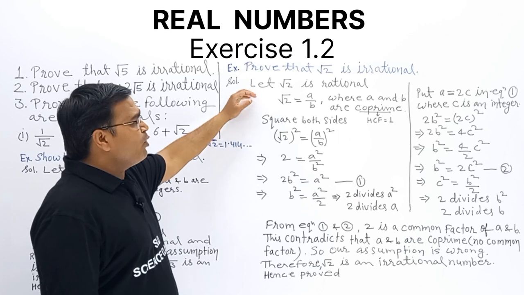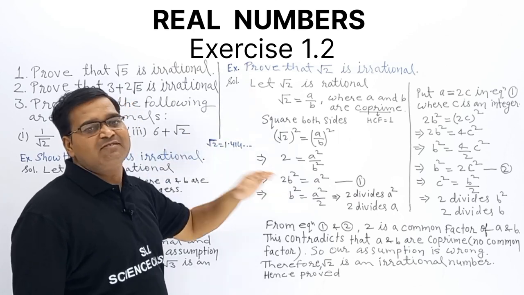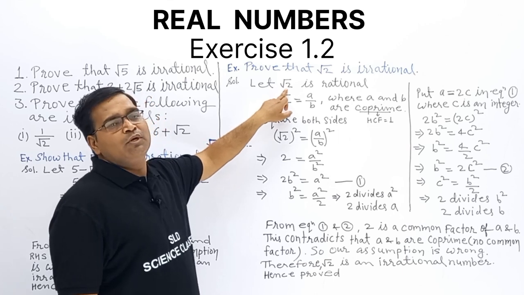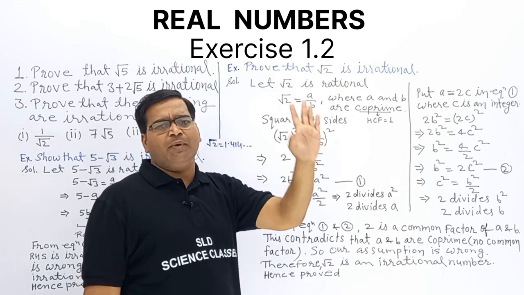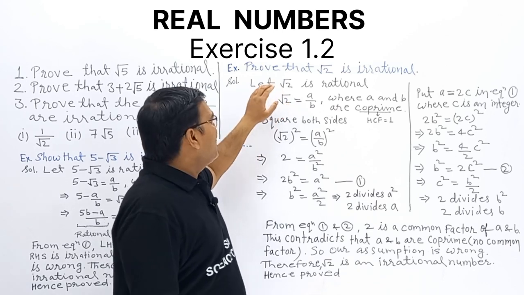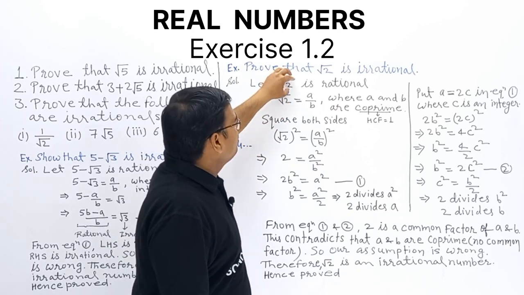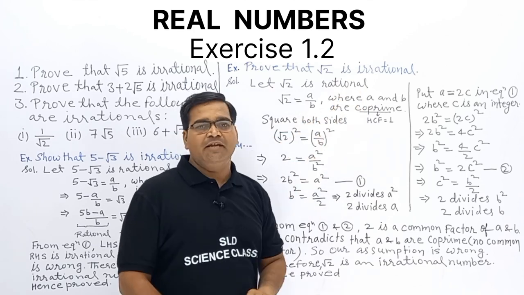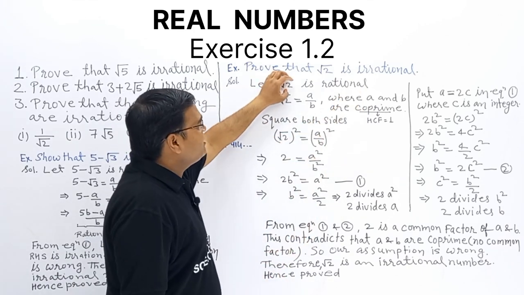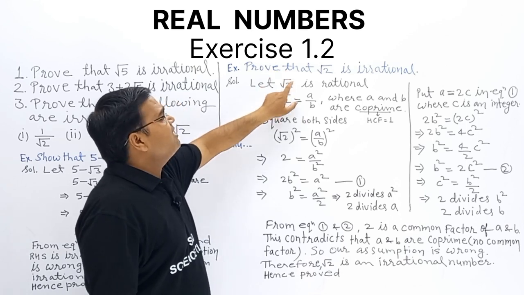To prove this, we have a standard process. First, assume root 2 is rational. Everyone knows well that it is irrational, but I am assuming root 2 is rational. It is not rational, it is irrational, but we are assuming it is rational.